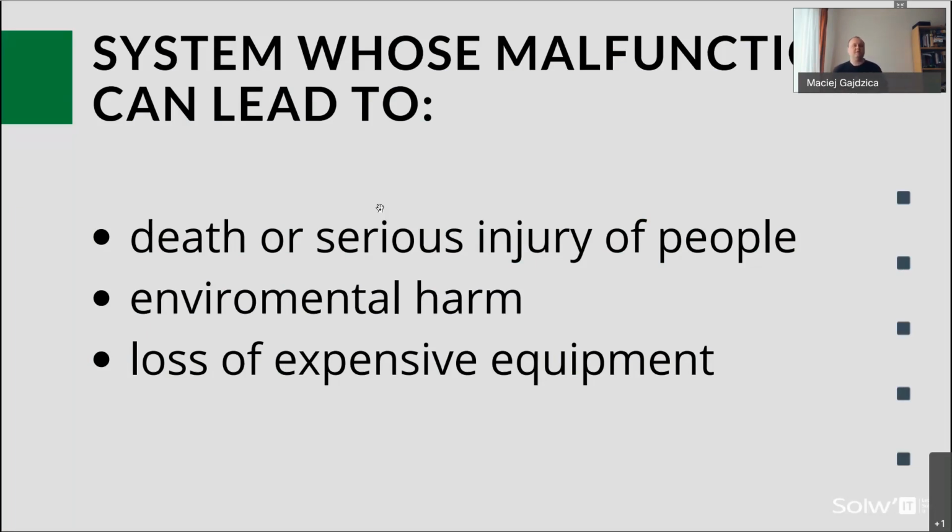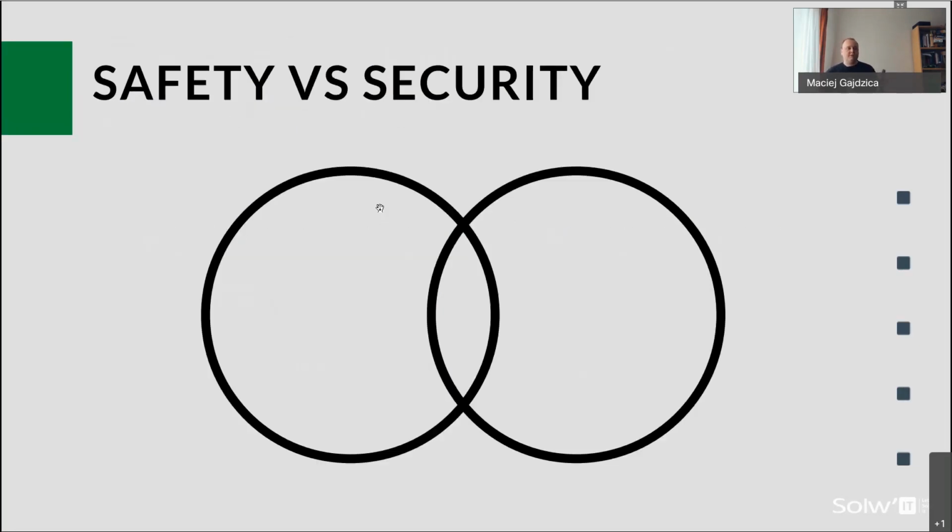Okay, so we know now what safety critical is. Now let's think for a while what it isn't. So first of all, there's a difference between safety and security, because safety focuses on preventing the device to do harm to people, and security is basically preventing our device from people that want to make harm to it.